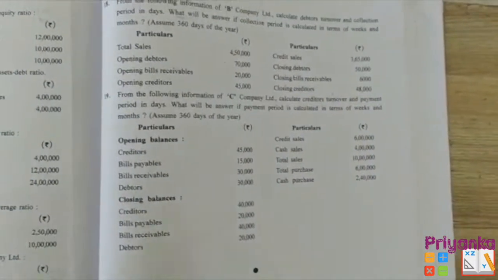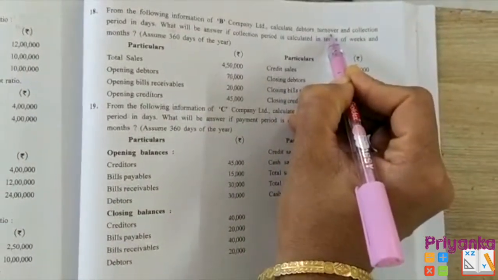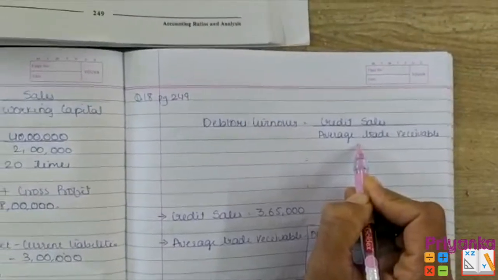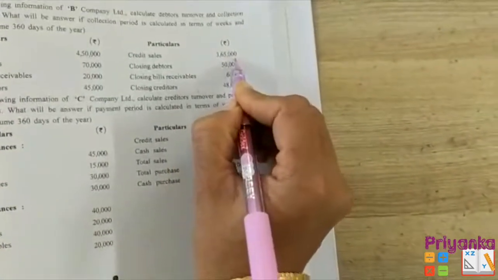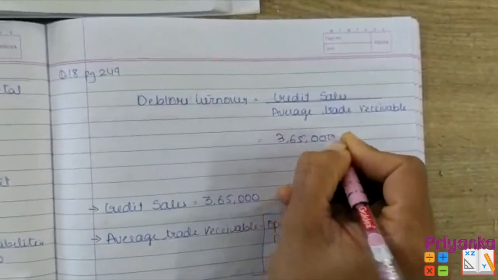Now, here they told you to find out debtors turnover. The formula of debtors turnover is credit sales divided by average trade receivable. Credit sales is directly given in the question, so we can write it down: 3,65,000.